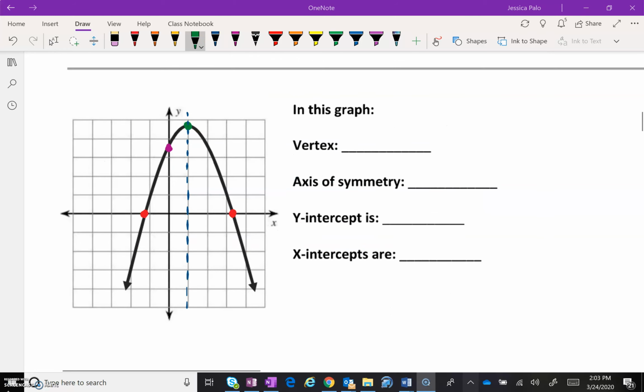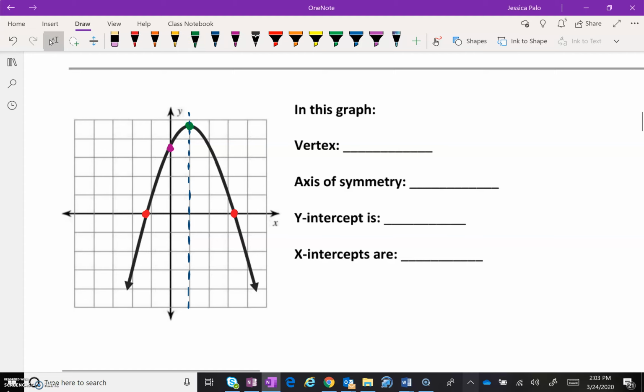Moving right along, let's identify the parts of this graph. So first we have our vertex, which is green. We have a vertex of about (1, 4.5), which would make our axis of symmetry x equals 1.